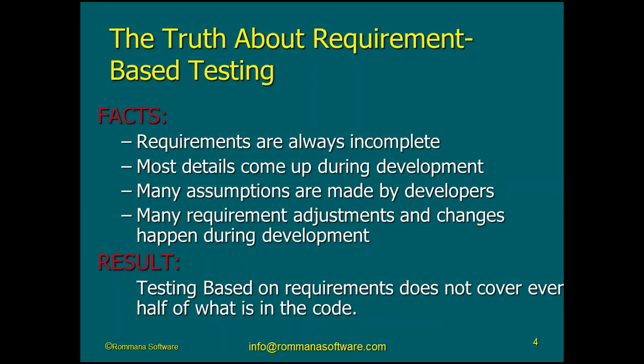Well, guess what? That does not happen anymore, not in non-Agile projects or even in Agile projects. So when requirements are adjusted during development, the original requirement has changed. The original requirement as the test team has understood it.